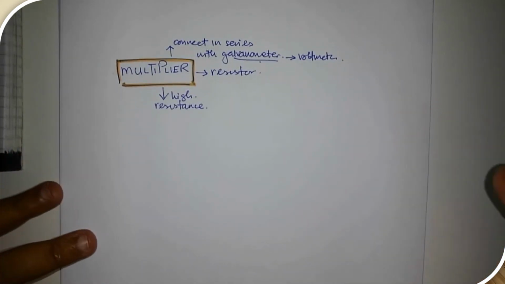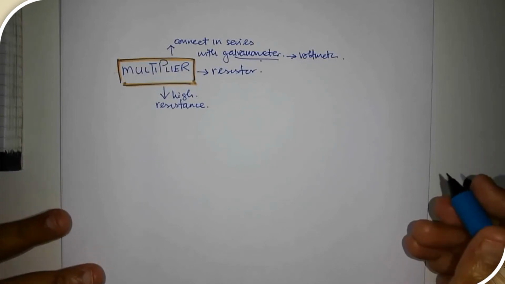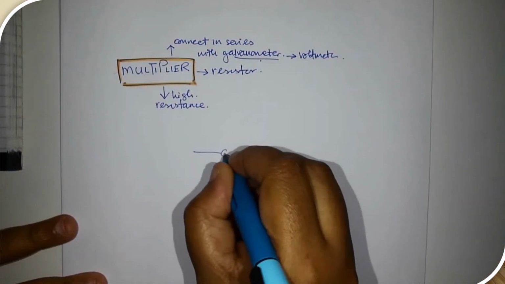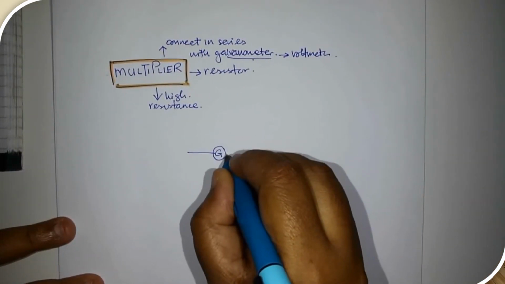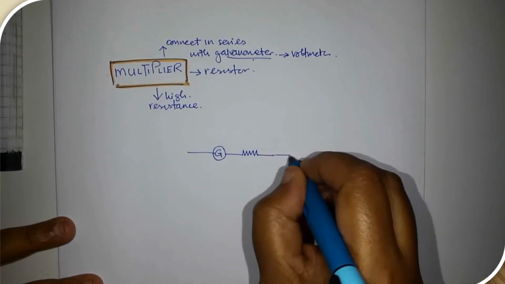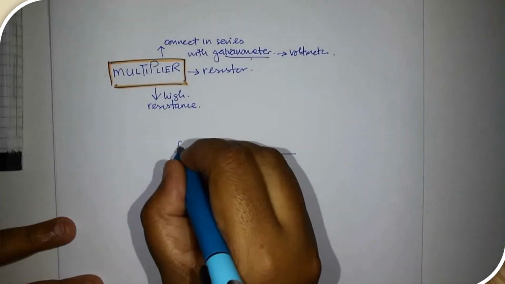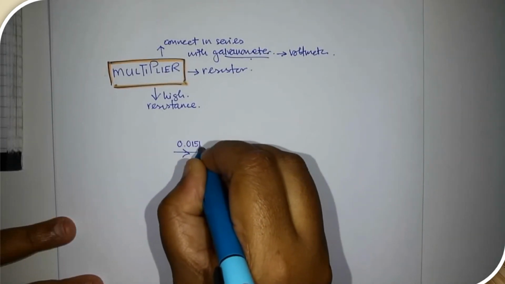Now let's look at one example of a circuit, which is figure 15.16. Now we have a galvanometer here, and then we have a multiplier. Now the current that flows in the galvanometer is 0.015 ampere.